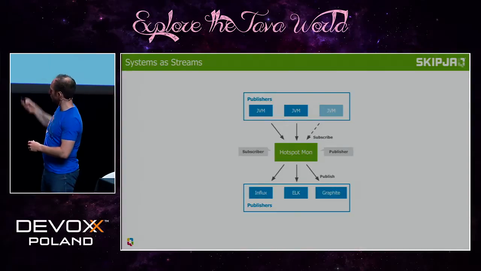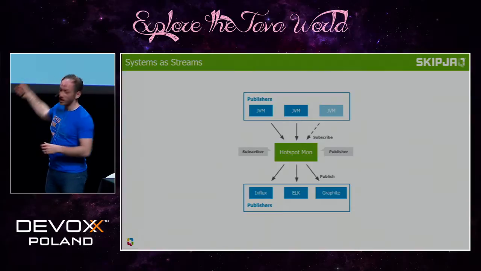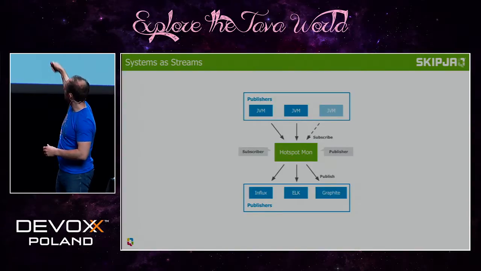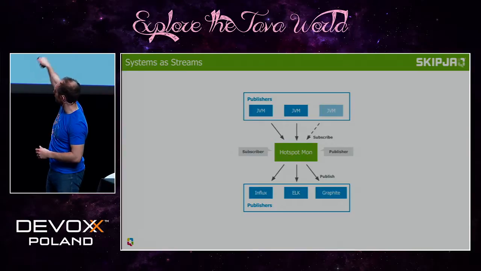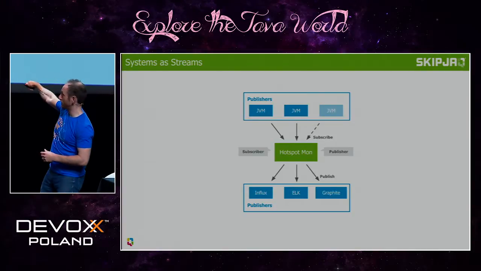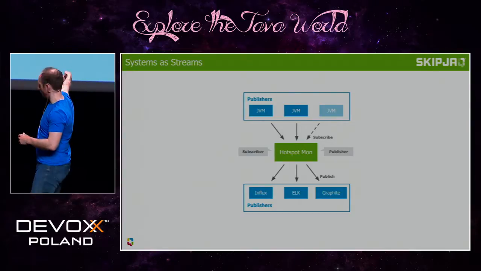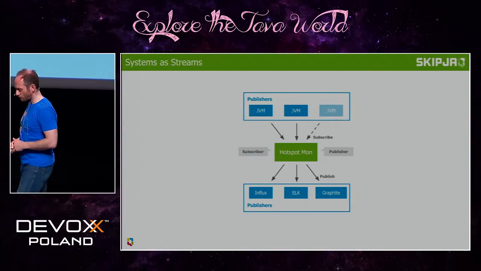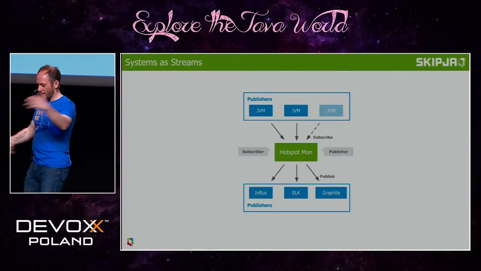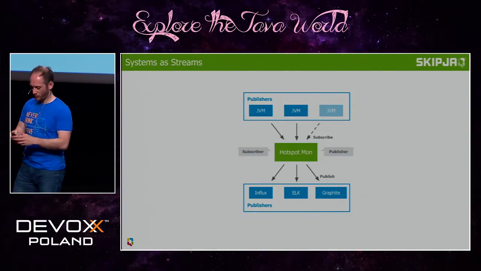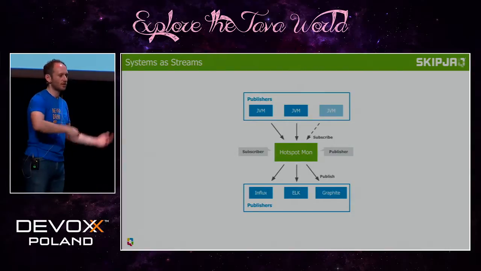At the top there, we've got some systems, which are actually JVMs, and they're publishing data to this system, the hotspot monitor, which is a subscriber to that data. But it's also a publisher of data down to these systems down here, which are, sorry, this is mislabeled. These are subscribers. So InfluxDB or Elasticsearch and Graphite, they're subscribers.